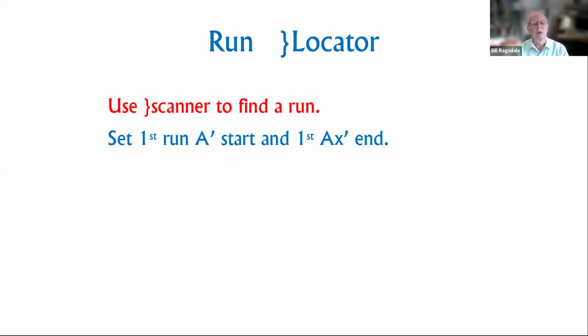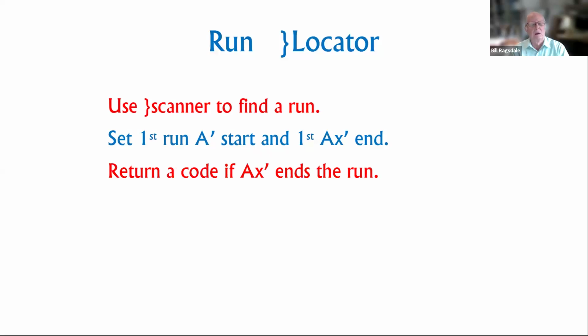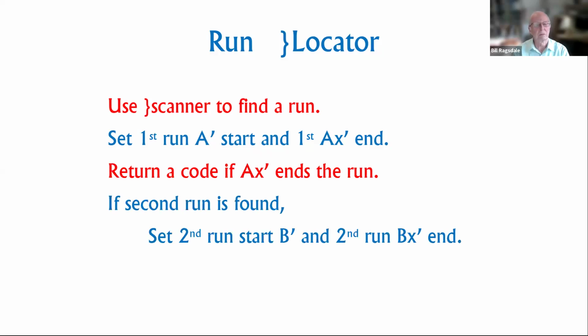So the first job is to locate the first run, and then it would return a particular code if there is no following run. So AX will hold the value of the ending row, and a return code signifies that.